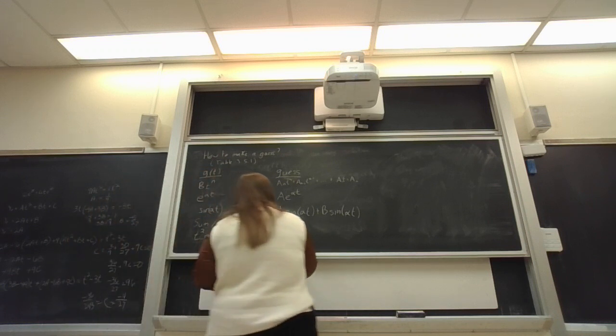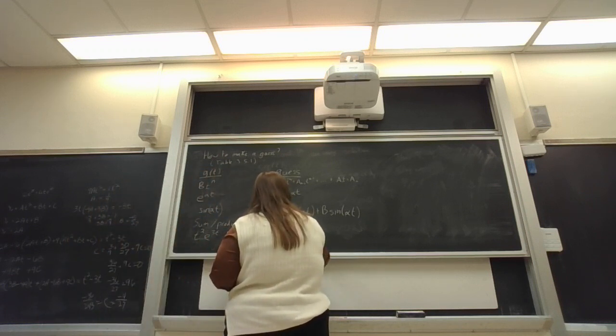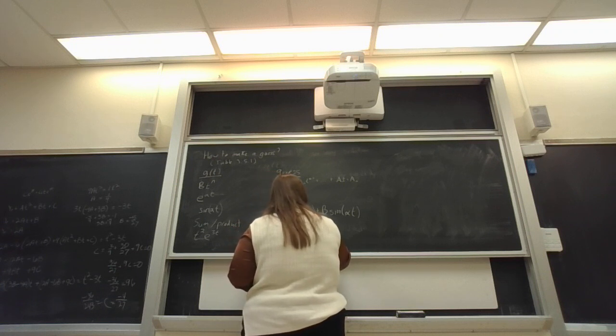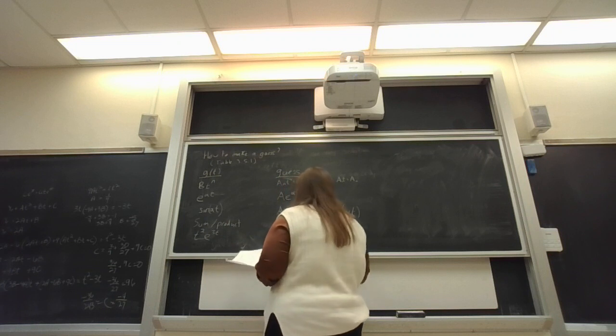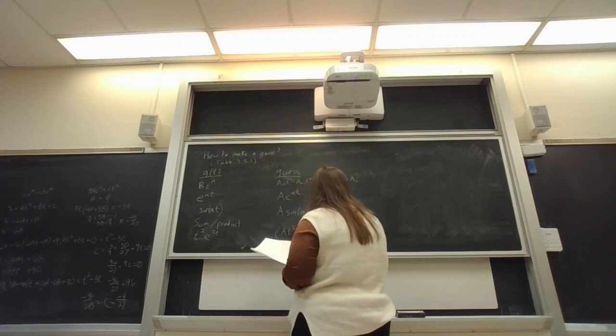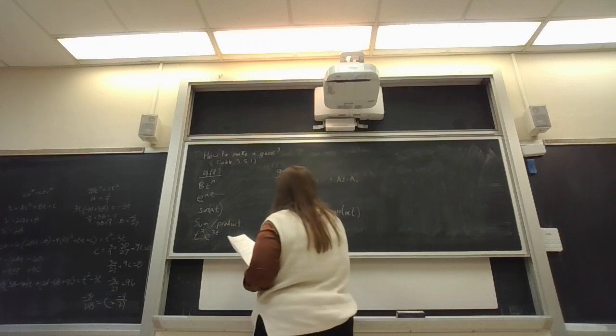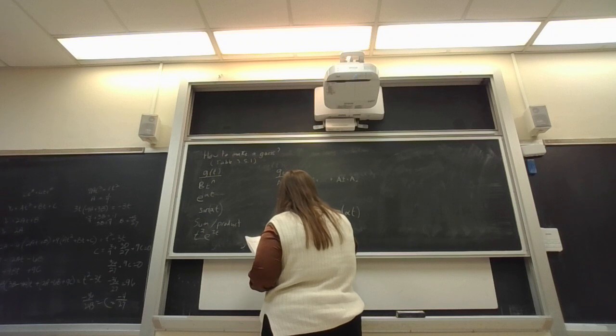Then my guess would be my t guess, so that would be a t squared plus b t plus c times e to the 3t. So your guess is just a sum or a product of your guesses.